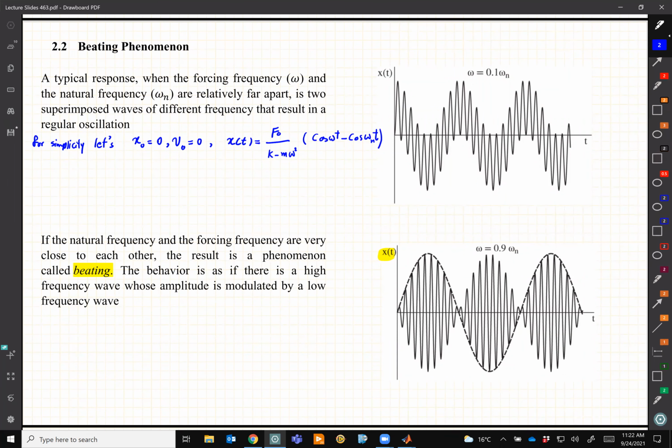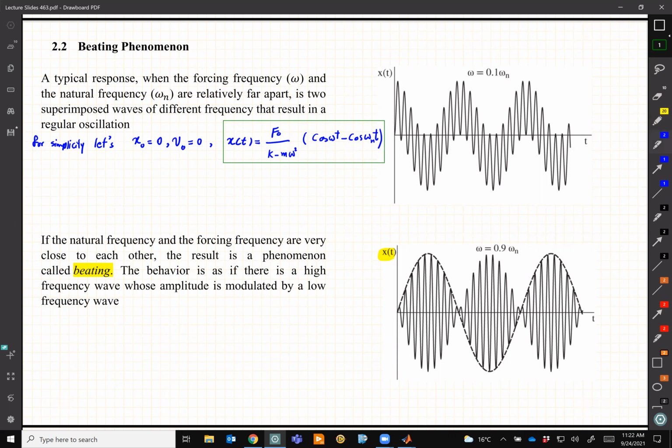All right. Now I'm going to manipulate this equation a little bit. Let's define omega n plus omega divided by 2.